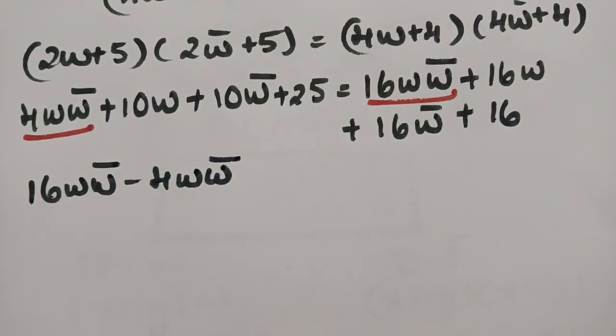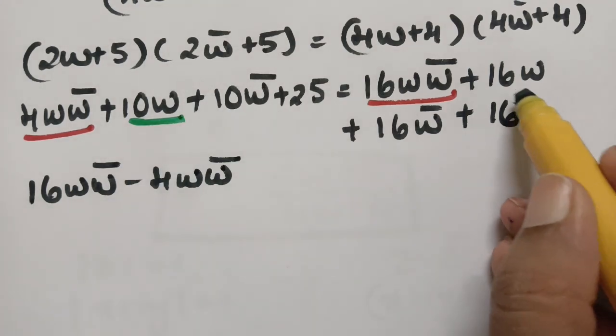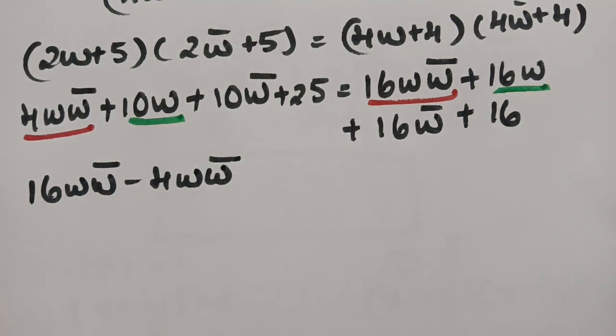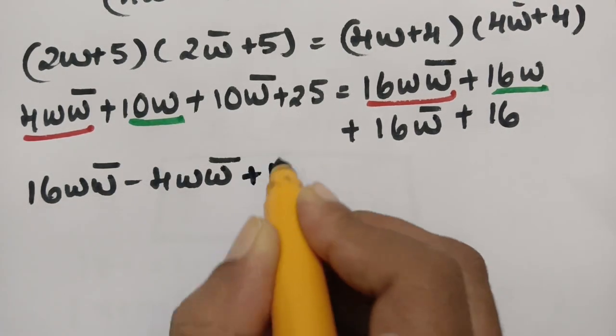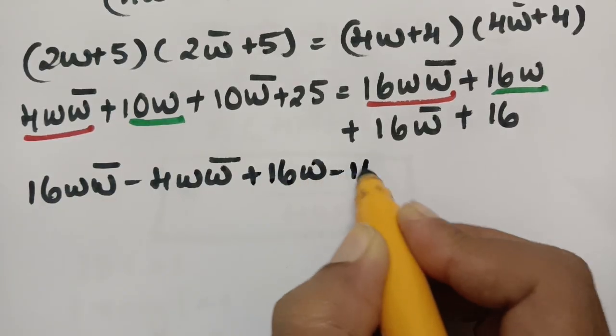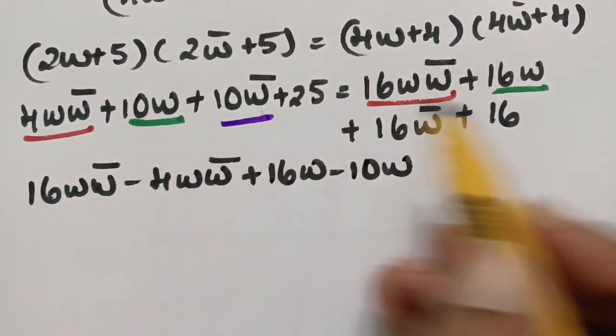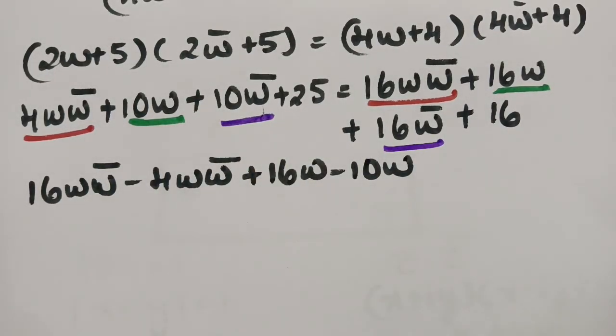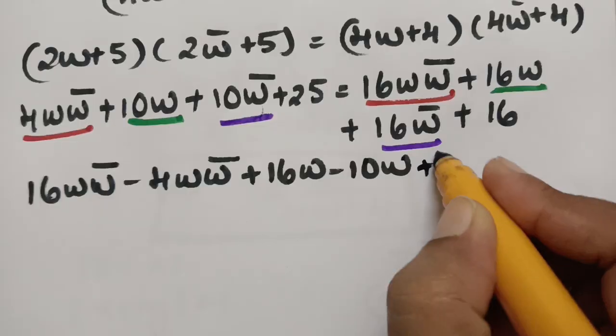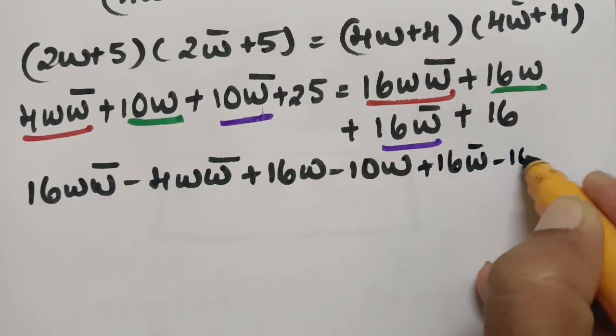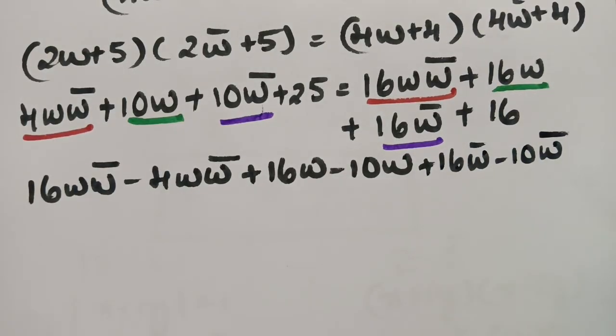See, this will be 10w and this is 16w, so this will be plus 16w minus 10w. And this is w bar, so this will be 16w bar minus 10w bar.